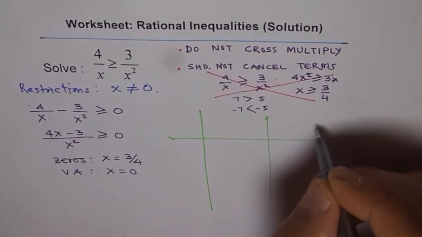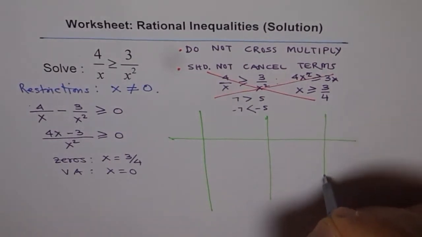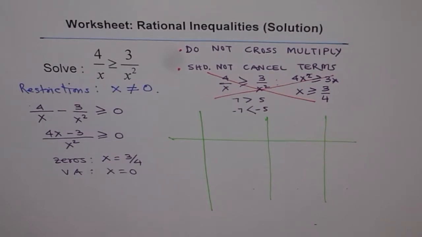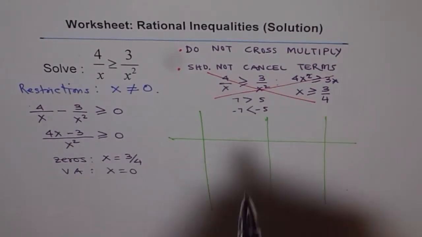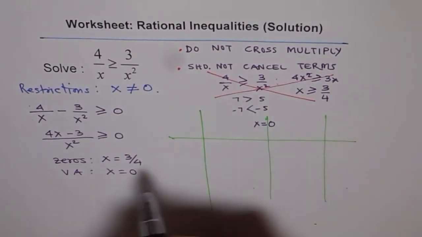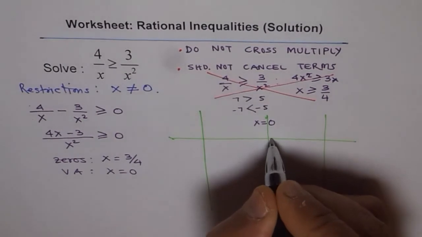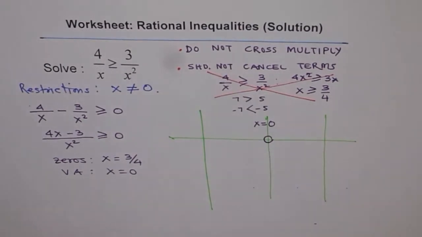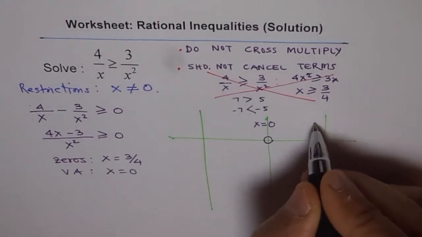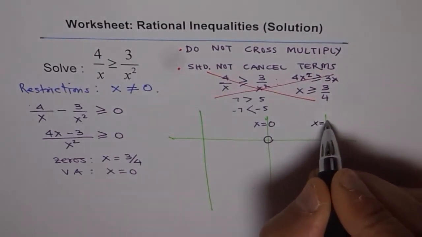So let's draw our lines, kind of breaking our coordinate plane into 3 different regions. Now, x equals 0 and x equals 3 over 4 are points of interest. x equals 0 is a vertical asymptote, so I'll draw an open hole here saying this is my vertical asymptote. And x equals 3 over 4 is a 0, right?